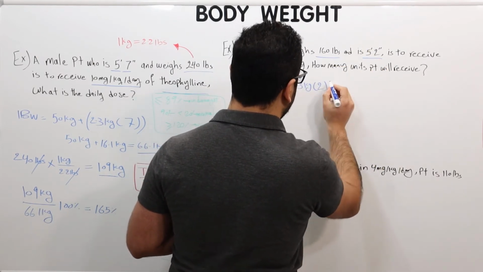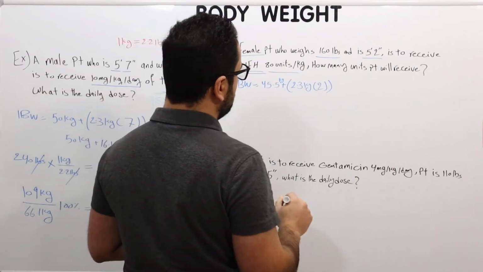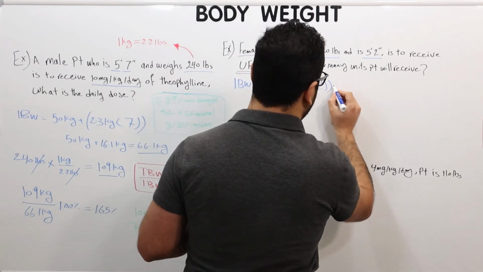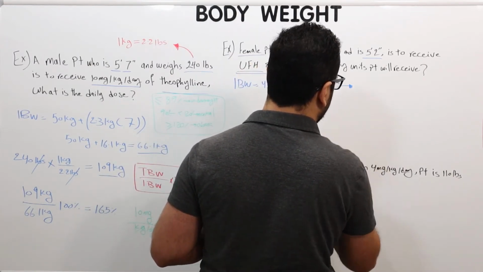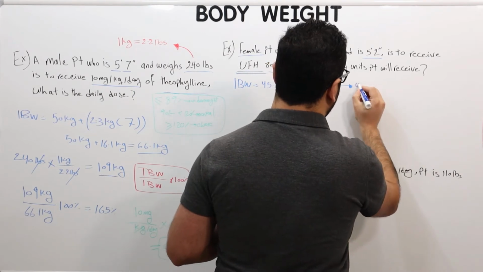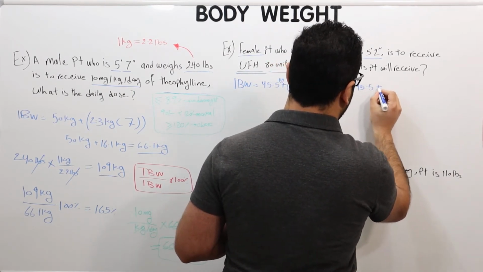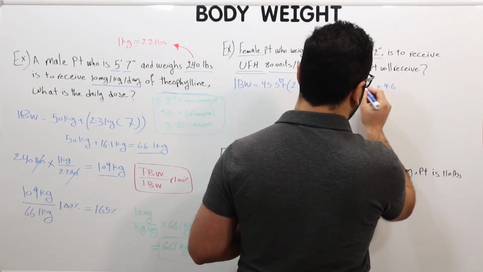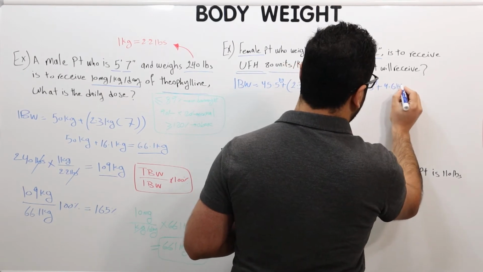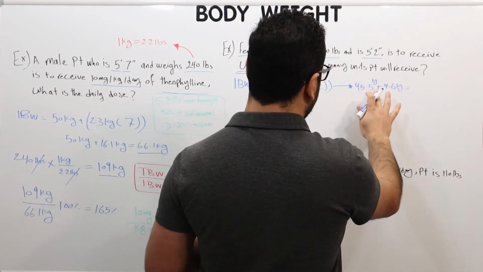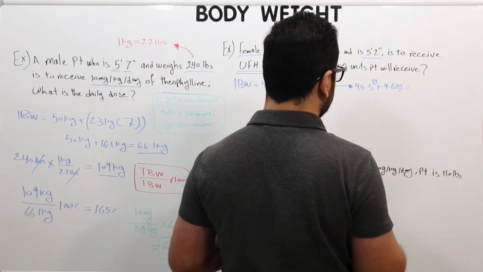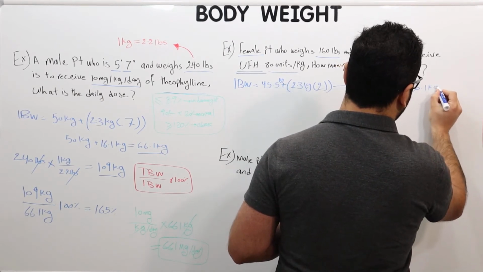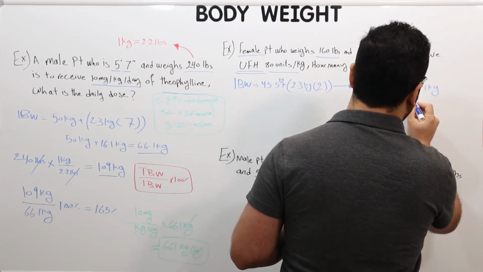So we have 2 inches over here. 2.3 times 2 is 4.6. So it's 45.5 plus 4.6, and both of them are kilogram. The addition of these two, 45.5 plus 4.6, is going to be 50.1 kilogram. So this is the ideal body weight.